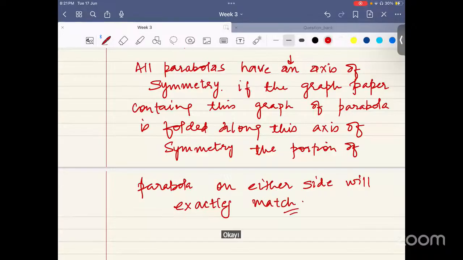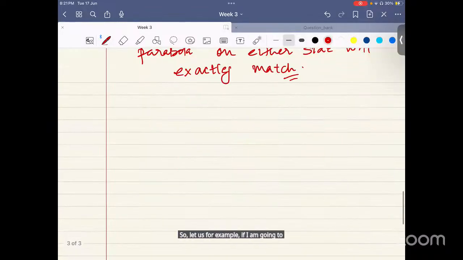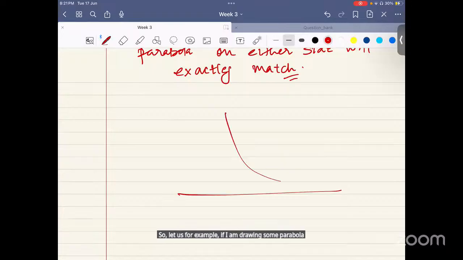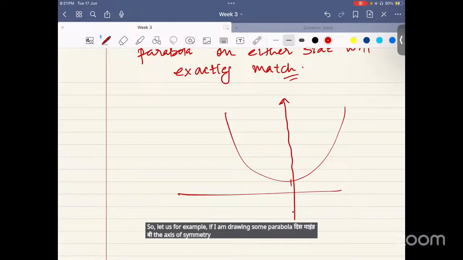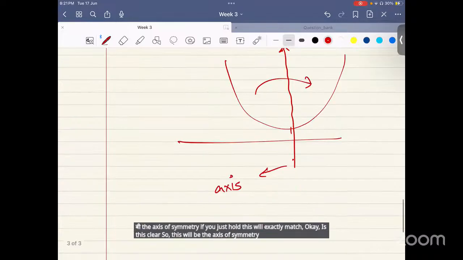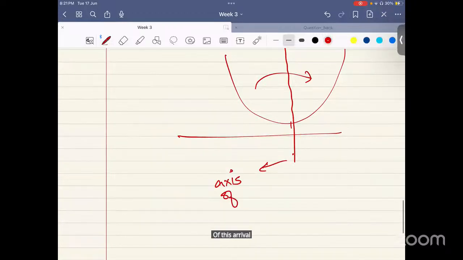So for example, if I'm drawing some parabola, this might be the axis of symmetry. If you fold this, it will exactly match. Okay, is this clear? So this will be the axis of symmetry of this parabola.